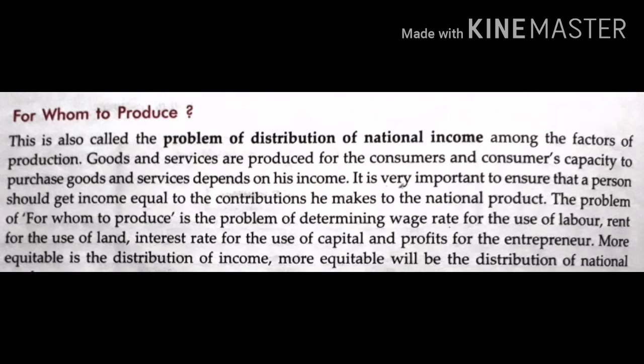So all the goods and services are produced for consumers only, but how much quantity different consumers are going to purchase depends mainly on their income, as every individual has his own budget. In the third line, it is very important to ensure that a person should get income equal to the contribution he makes to the national product.